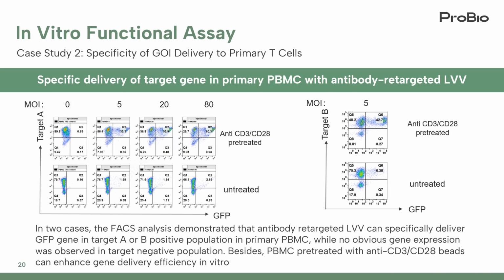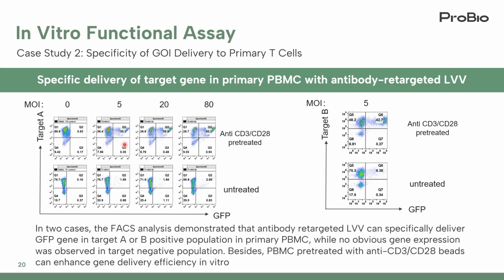In another case study, we are utilizing the PBMC instead of a Jurkat cell to evaluate the delivery efficiencies. The GFP gene was delivered in vivo by LVV, the lentivirus system, with targeting antibodies against T-cell biomarker A or B on the left and the right panels respectively.